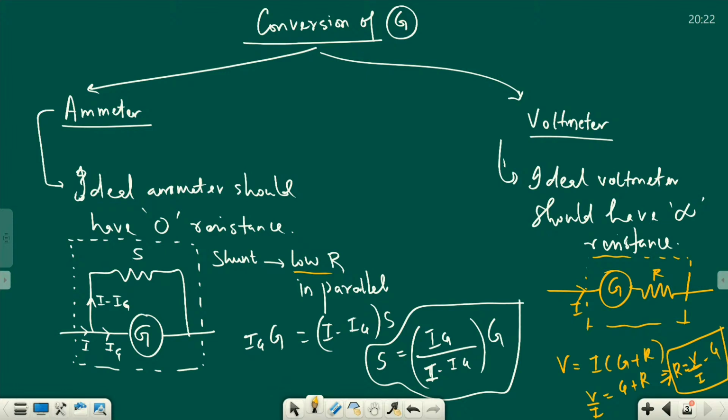Find the resistance of the galvanometer.